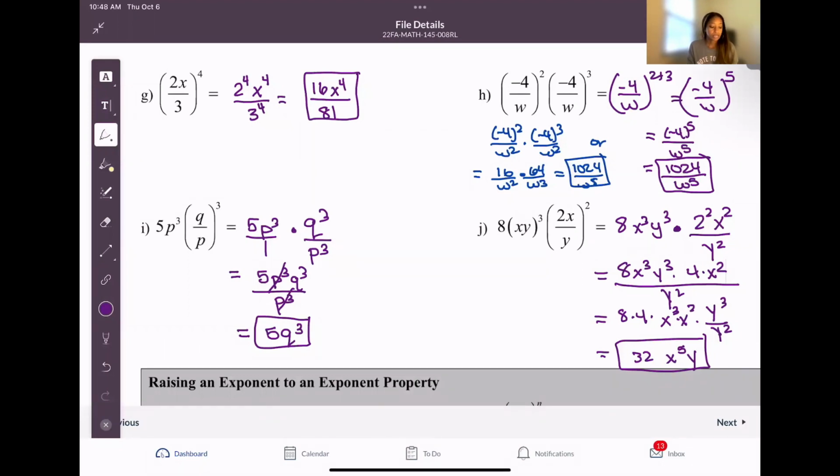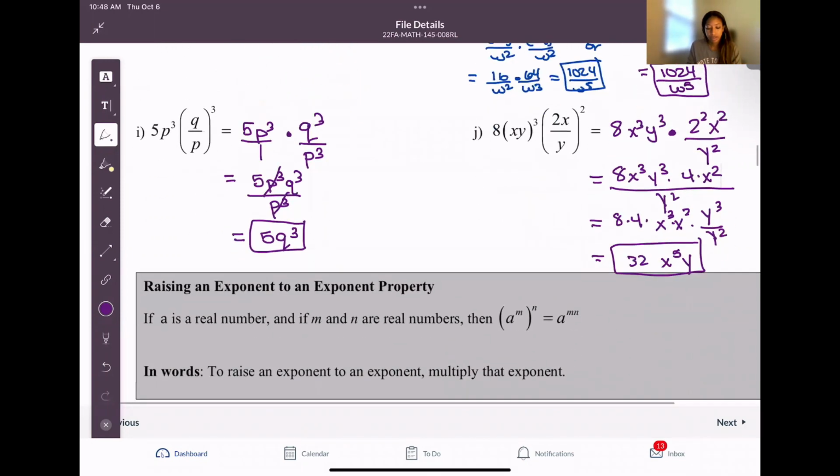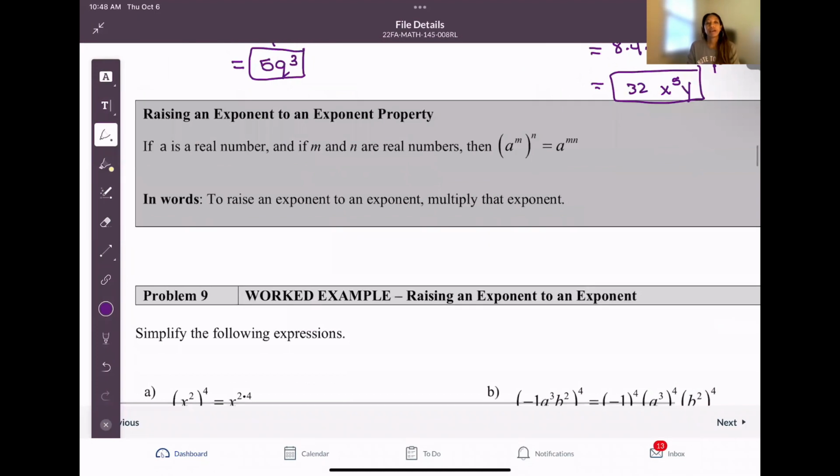All right, now I want us to be very careful with this next property. For the next property, it's what happens if we have one exponential expression, but it's raised to a power and then raised to another power. So one base, two exponents. This is called the exponent to an exponent property.